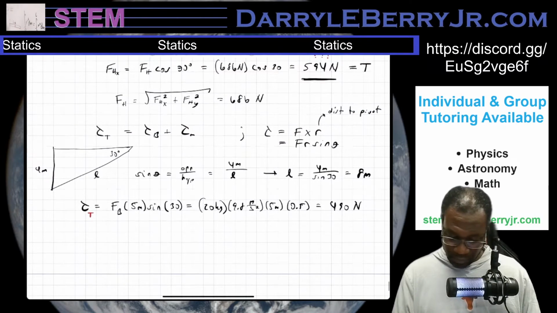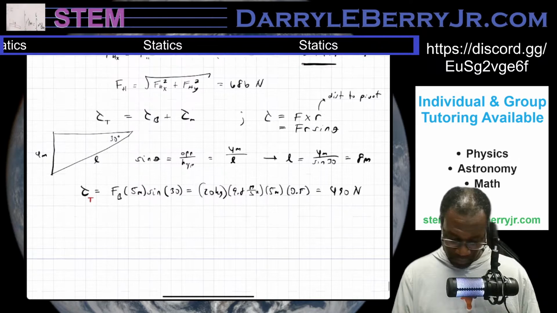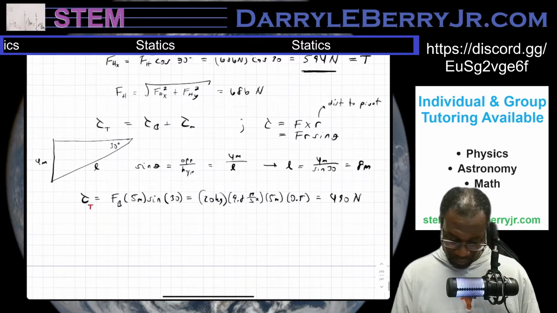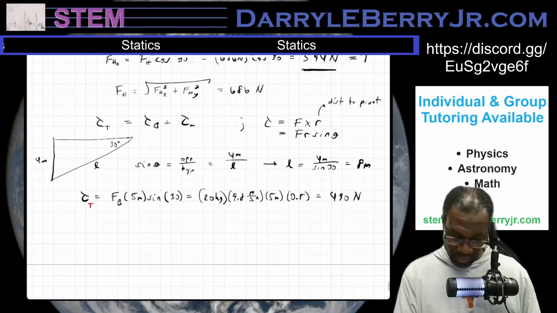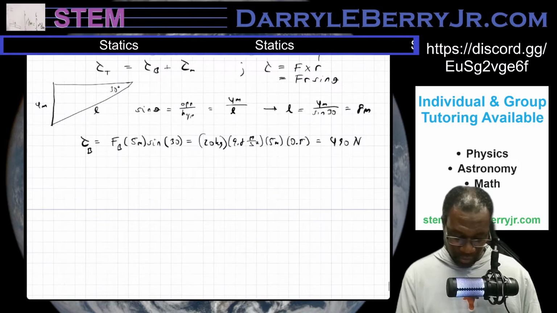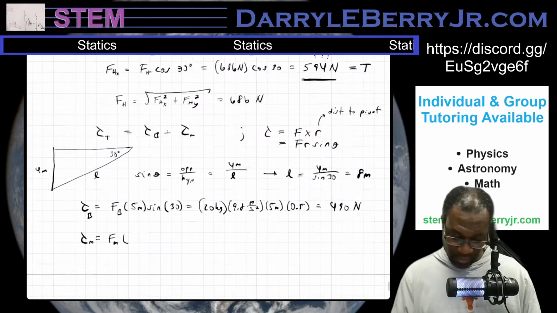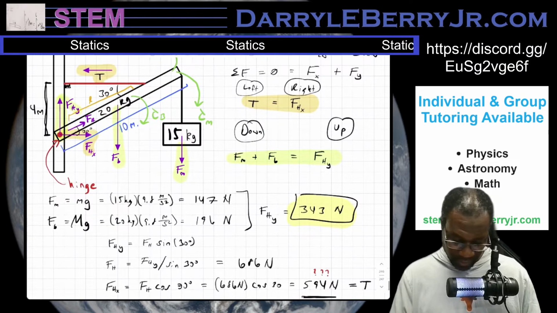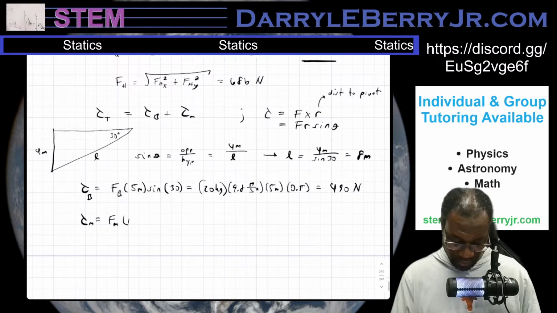So where were we? It should be beam, tension, the torque of the little mass will be F little mass, and that's at 10 meters.